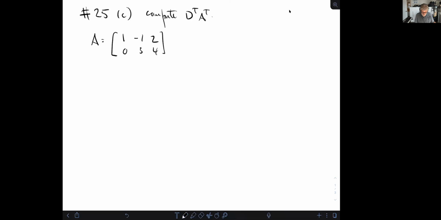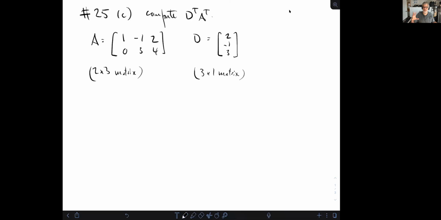So that's the matrix A. The matrix D is the matrix 2 minus 1 3. So this is a 2 by 3 matrix, right? That's the size. This is a 3 by 1 matrix. Okay, so these are the two matrices.